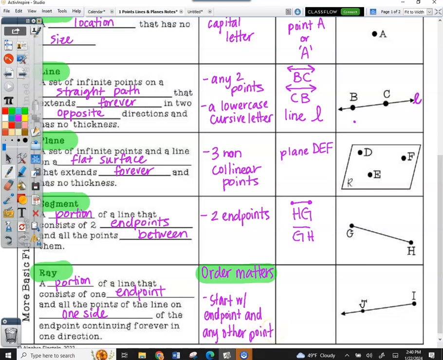But it has to start with the endpoint, has to. So there's only one way to name this. The endpoint is right here. Make a note. This is where I would start to name it. This would be IJ, which really bothers me because of those letters. And then above it, when you go to draw your symbol, you will draw a ray.